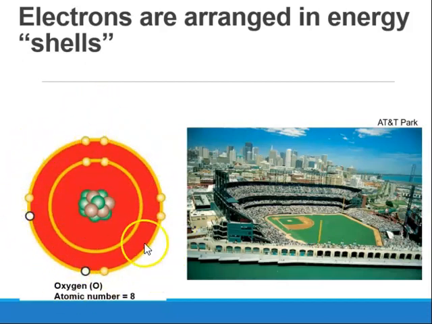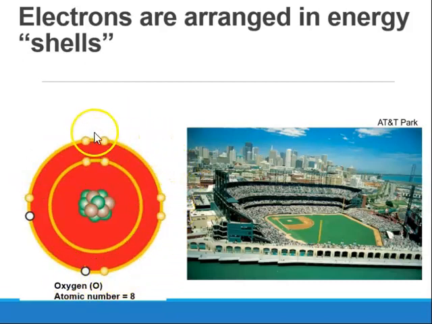in the outer shells. So we know that oxygen has the atomic number of 8, so it has 8 electrons. So 2 will fill up the innermost shell, meaning there are 6 in the outermost shell. 2 plus 6 equals 8.